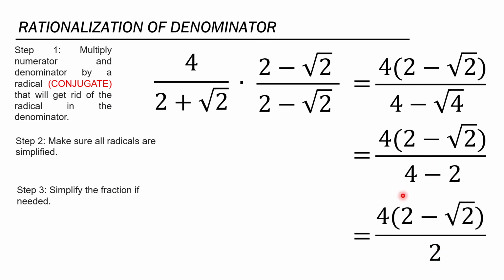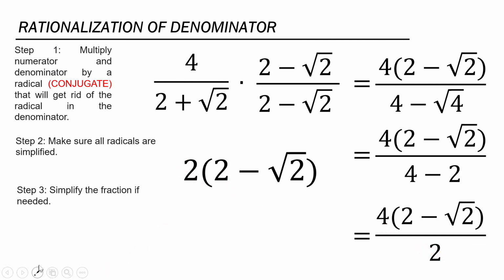And you have 2. 4 times 2 minus square root of 2. This time, pwede yung i-divide. 4 divided by 2, that is equal to 2 times 2 minus square root of 2. Okay? Because 4 divided by 2 is 2. Okay? This is the answer.